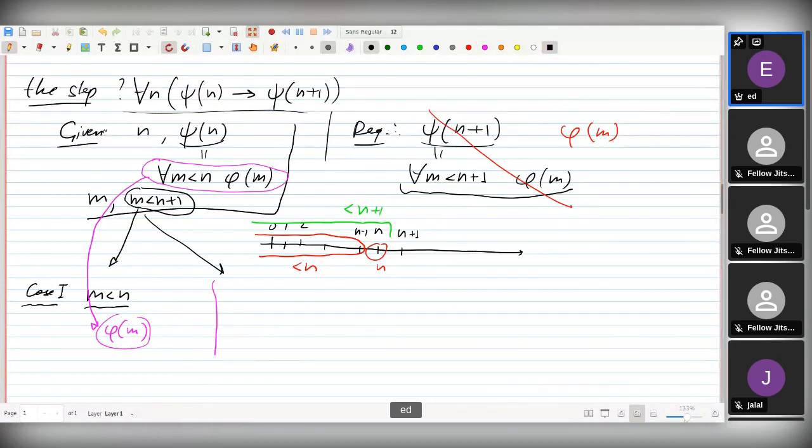The second case is trickier. In the second case, m equals n. Okay? M equals n. But still, I know that phi is progressive. I know that phi was progressive.